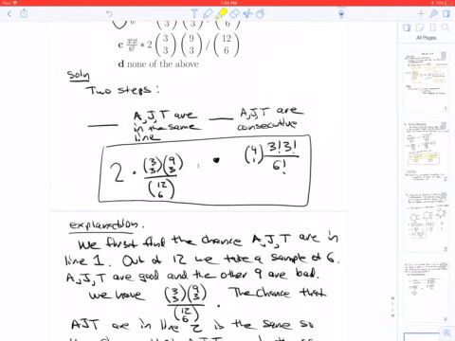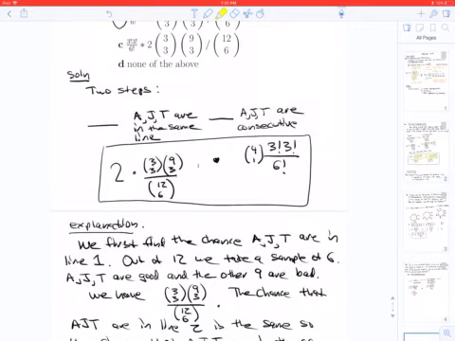There are 3 good people, which is, of course, Adam, Jess, and Tom, and there are 9 bad people, which is everyone else. So I'm just going to apply my hypergeometric formula, and that's the answer to that. And now there are 2 lines. It's equally likely that Adam, Jess, and Tom are in each of the 2 lines. So the addition principle applies, and I just multiplied that by 2.